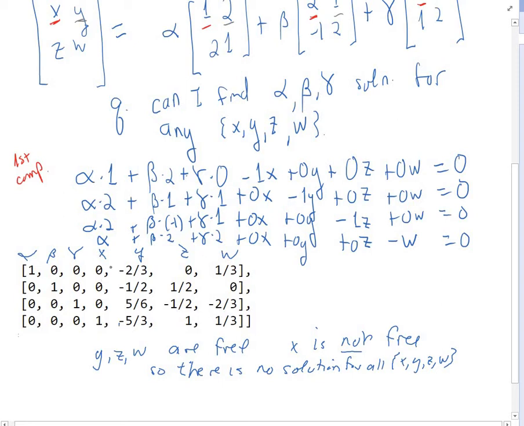I can't specify a solution for all x, y, z, w because x is not free. I can only find solutions for a particular x if I know y, z, and w. So in this case, the answer is no. There's no solution, so the 3 vectors, so S, does not span M22. Okay, so I hope that's helpful.